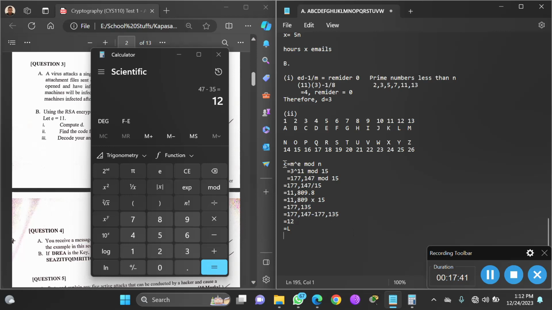This is the formula used to encrypt a certain message using RSA. So C represents the ciphertext, M represents the plain text being encoded, then E represents the encryption exponent, then modulus N, the N you are given. So after replacing your M with the actual number, you power it to the given encryption exponent.